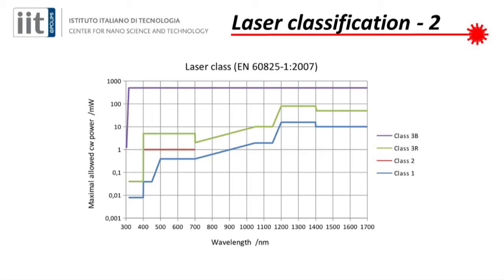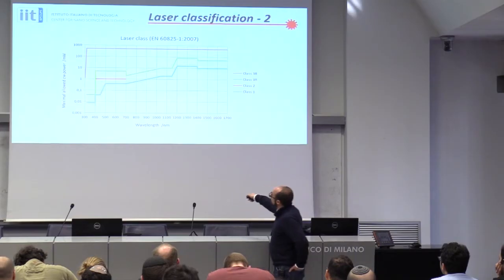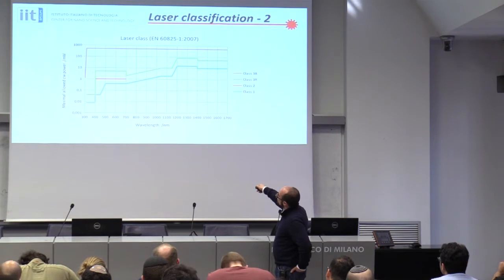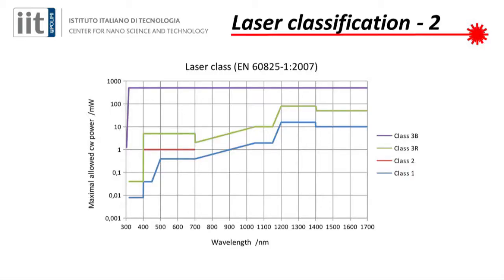This is the last regulation slide, I promise. You see, it's the maximum continuous power allowed for a laser to stay in one of the classes. So what you see is that it's actually impossible for a laser above 500, 600 milliwatts to be in a class which is not 4.